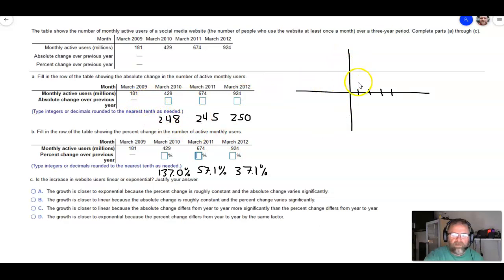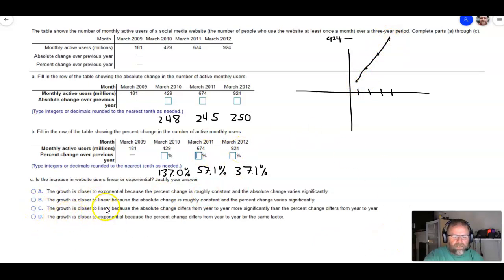So maybe the first one here is 181, and then we increase by 248, and then we're going to increase by 245, which is about the same amount increased, and then finally we're going to increase by another 250. So this value up here is going to be like 924. This is basically going to make a pretty straight line right there, and so that tells us it's linear.